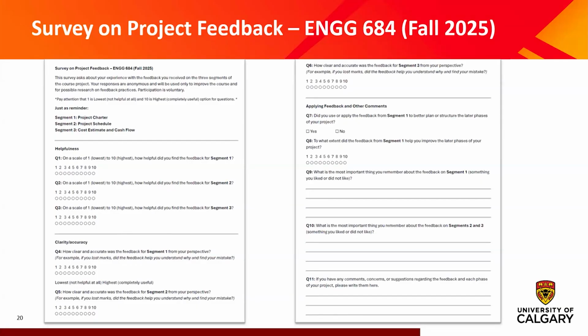Segment 1 feedback was generated with the tool that you can see right now, and segment 2 and 3 feedback was provided by 2 TAs. The goal was to compare how students perceived the helpfulness, clarity, and accuracy of the feedback for those materials.